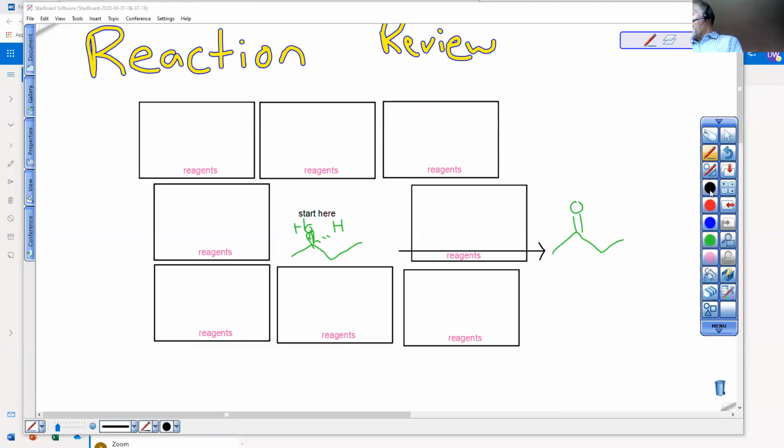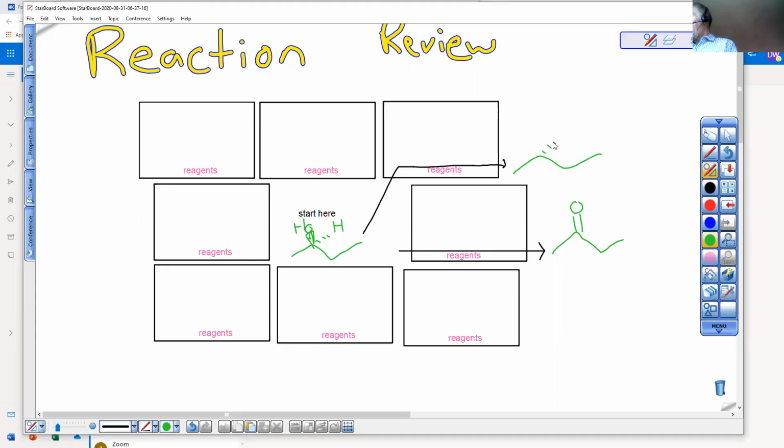And we also looked at making alcohols into alkyl halides with a flipped stereocenter. This time I'll have a flipped bromide there.